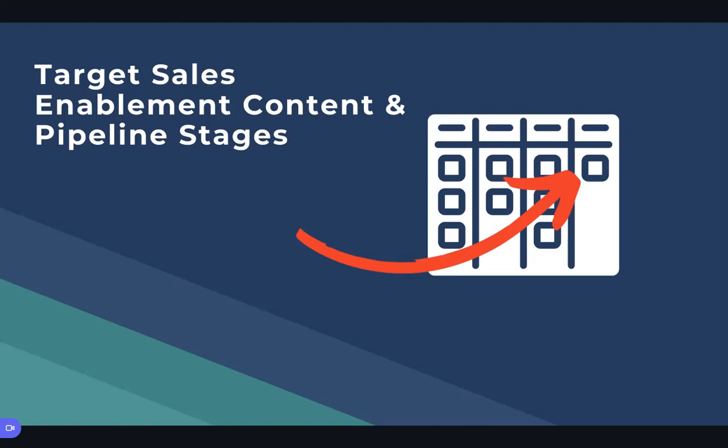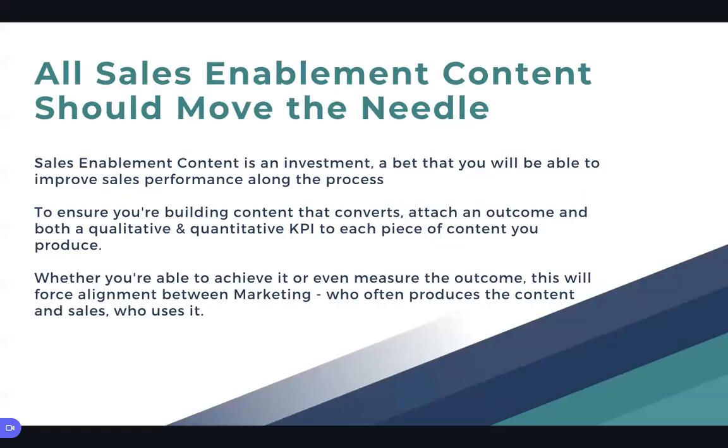What is the actual metric we are improving here? Can we target our sales enablement content at a particular stage in the pipeline? That can broadly map onto those levels of awareness as well. If we do that, it starts massively aligning sales and marketing efforts, as we'll see.